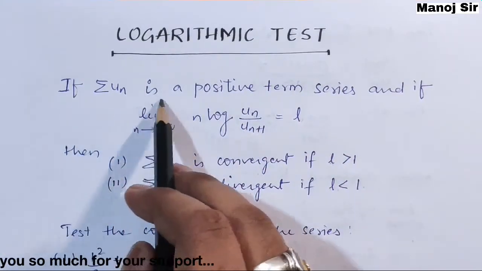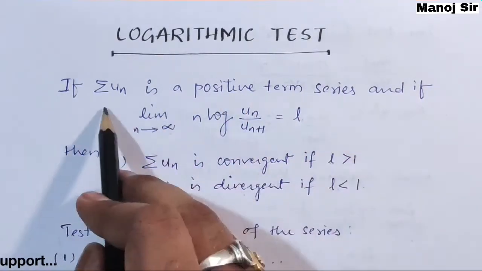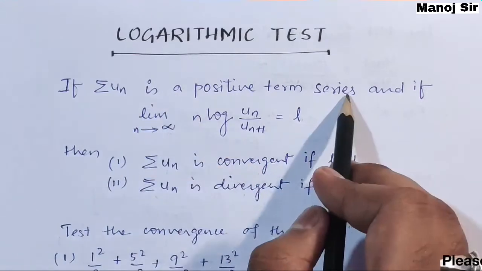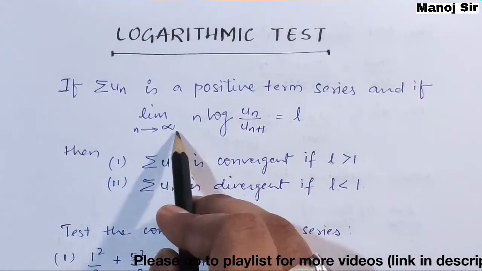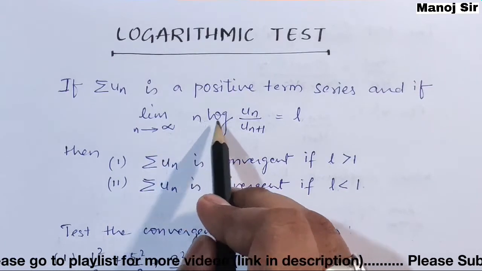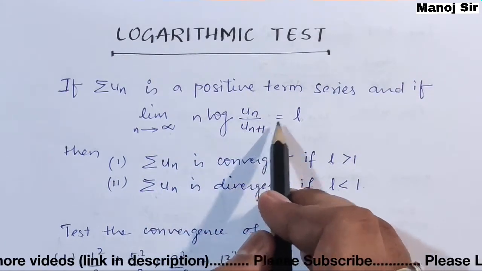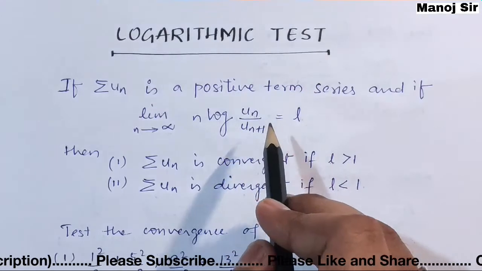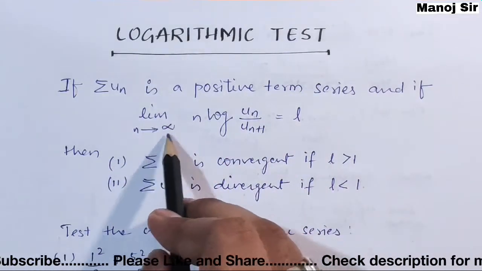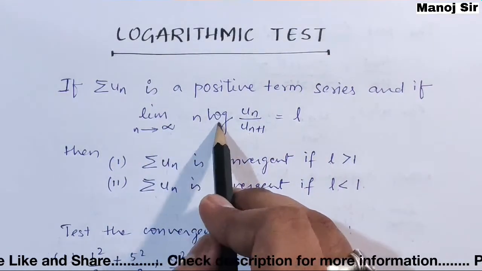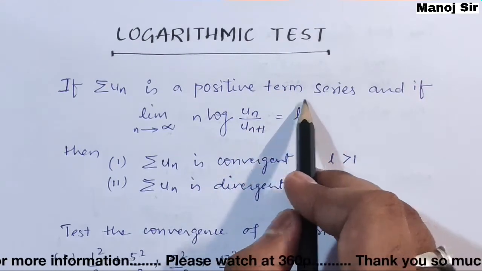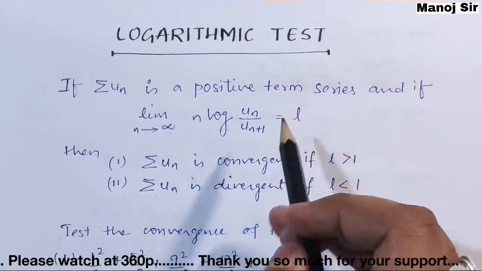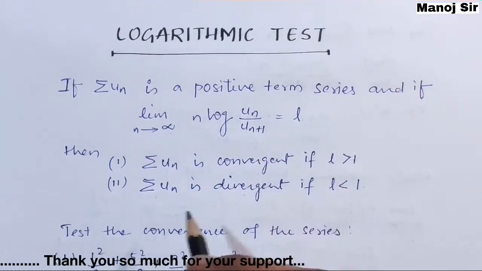If summation un is a positive term series, a series which consists of only positive terms, and if the limit as n tends to infinity of n into log of un upon un plus 1 equals L, then this L is going to decide whether the series is convergent or divergent.